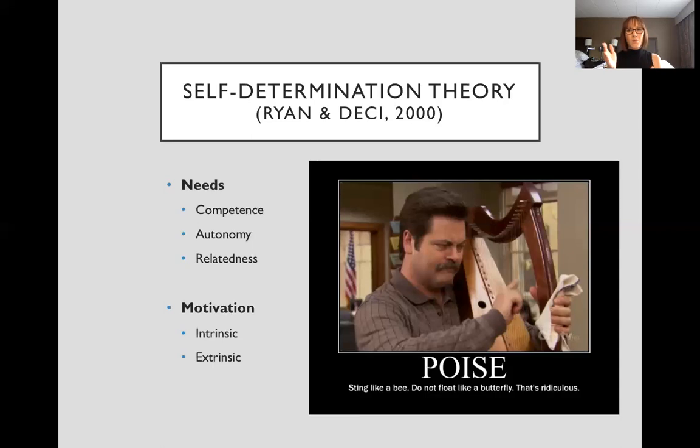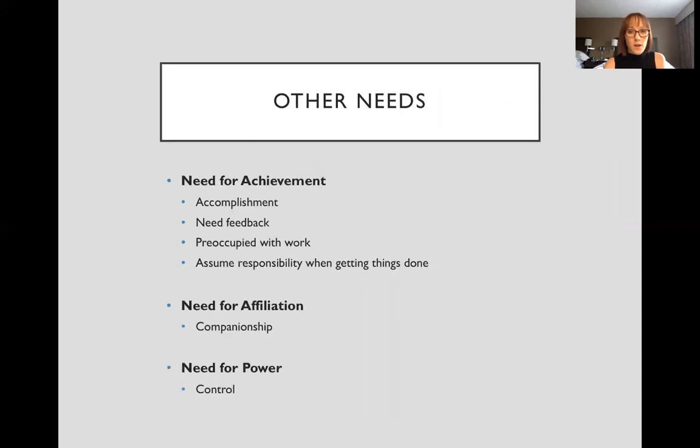But if you're saying, well, what if I'm somewhere in between these things? That does exist. Ryan and Deci have acknowledged that, for example, doing things for praise is not as extrinsically motivated as doing something for money, but it's not as intrinsically motivating as doing something because we enjoy the activity itself.